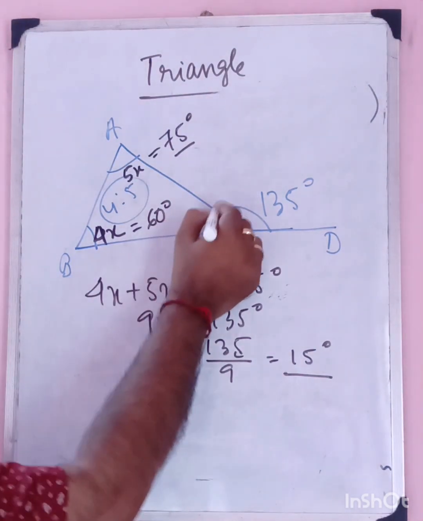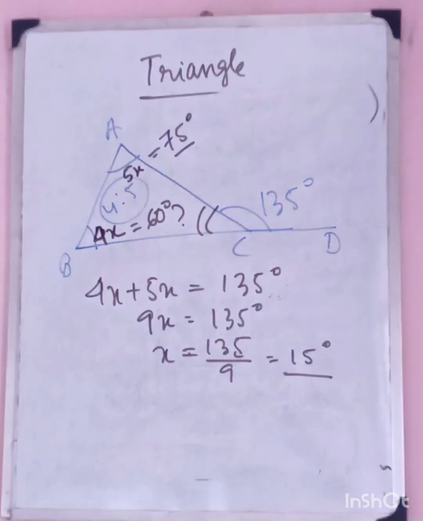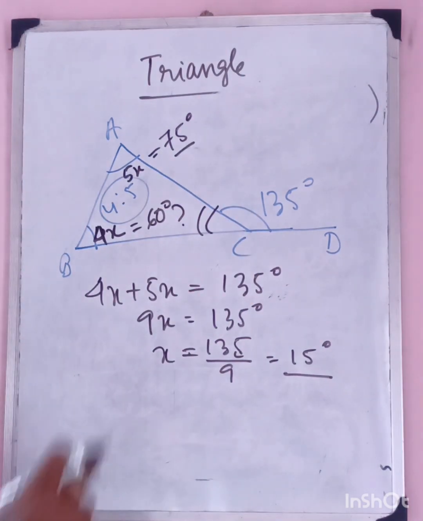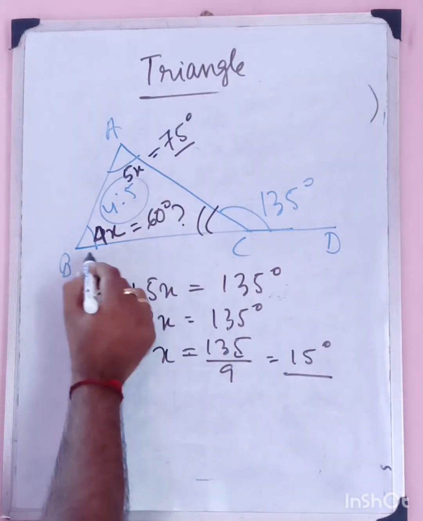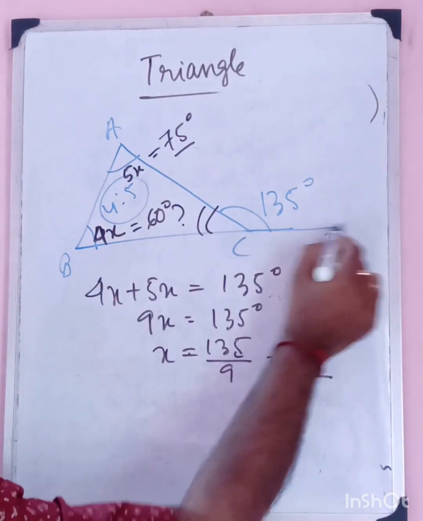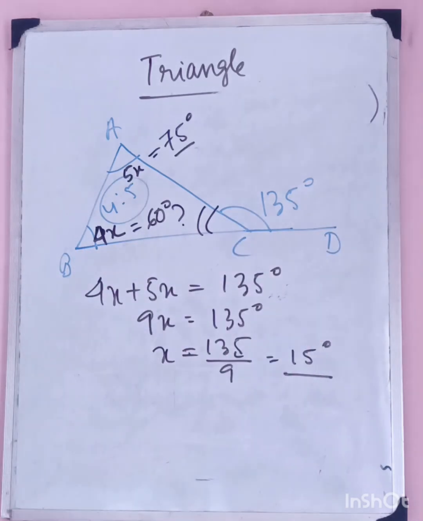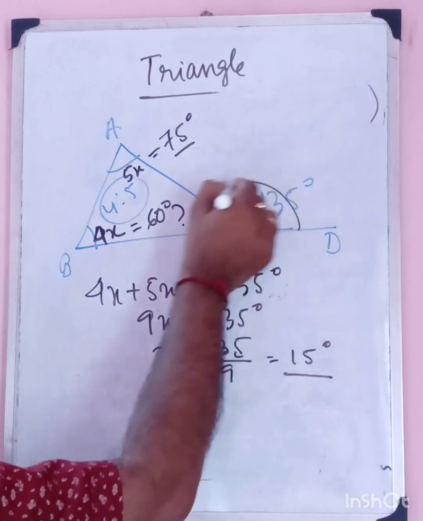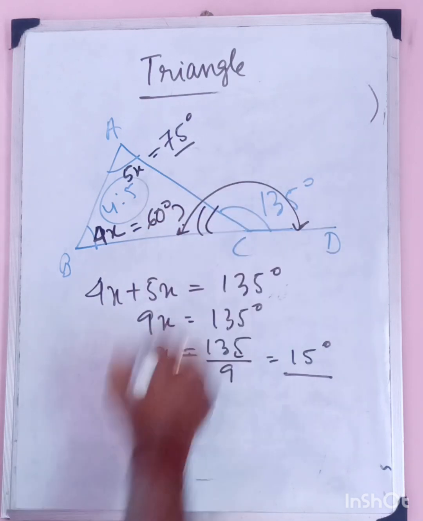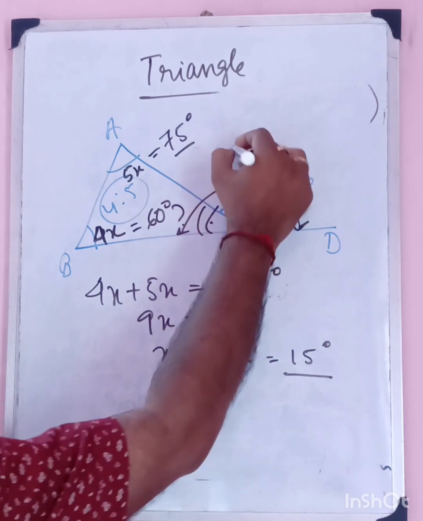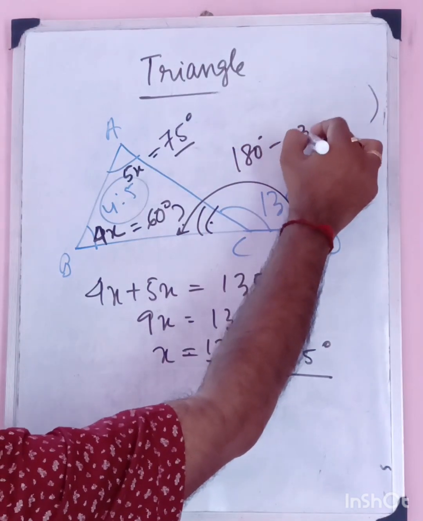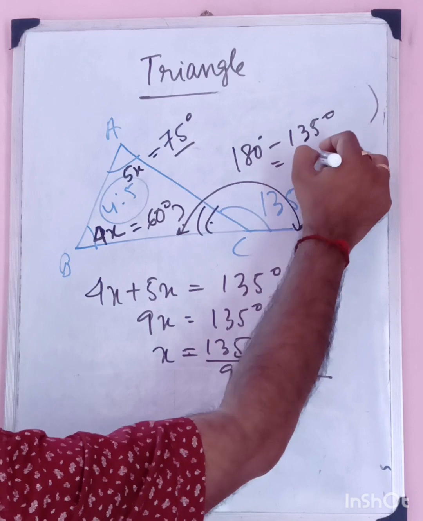And the third angle, you can derive this angle in two ways. First one is, as this BCD is a straight line, so this angle is 180 degree, isn't it? So you have got 135 here, the remaining is 180 minus 135, that is 45 degree.